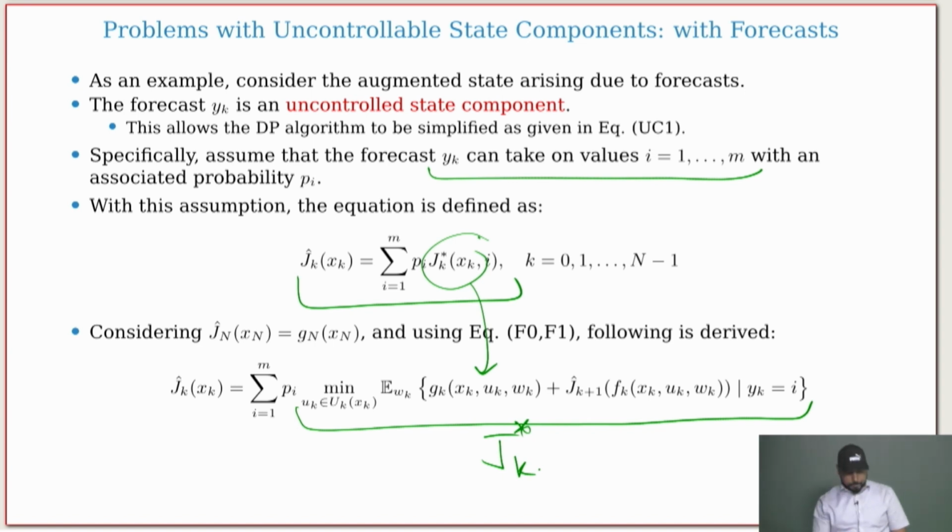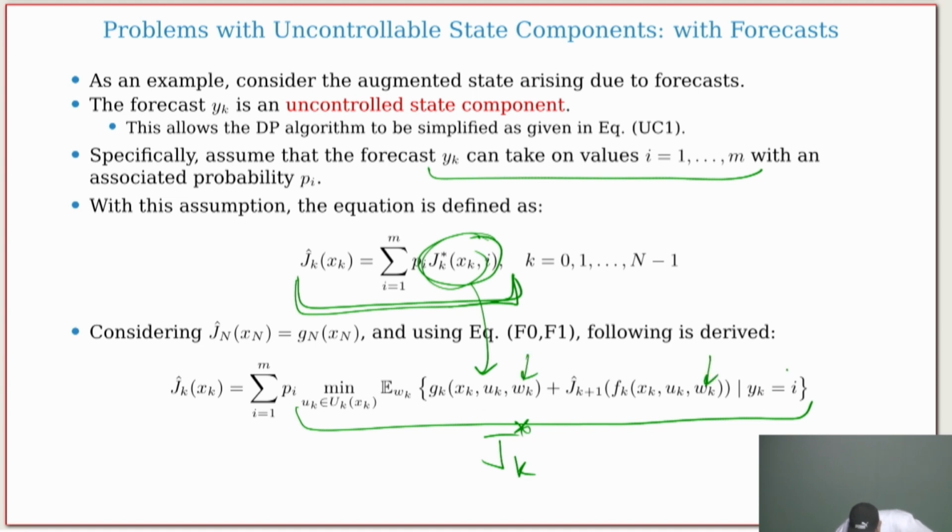So there are different ways to write the cost as well. If yk can take one of the values 1 to m with probability pi, then for those forecasts the expected cost will be this. And for Jk star, if we expand it further, then this depends on the disturbance wk, right?